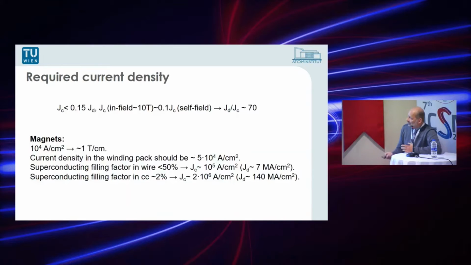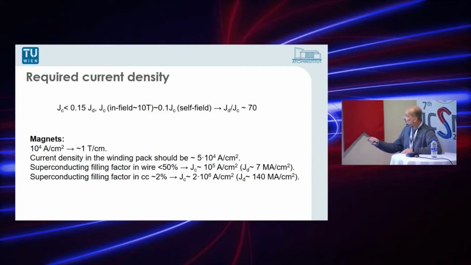Okay, but now let me just briefly say what current you actually need for applications, and I will also refer to the bearing current density again here. As I said, you can have about 15% of the bearing current density in self-field, and in field, you know that normally the critical currents are suppressed by another order of magnitude, even more, I guess.